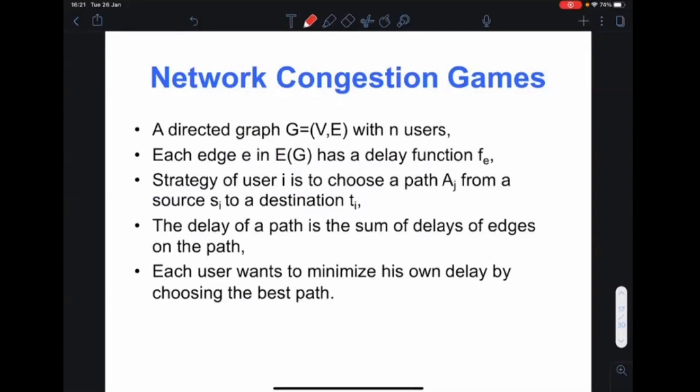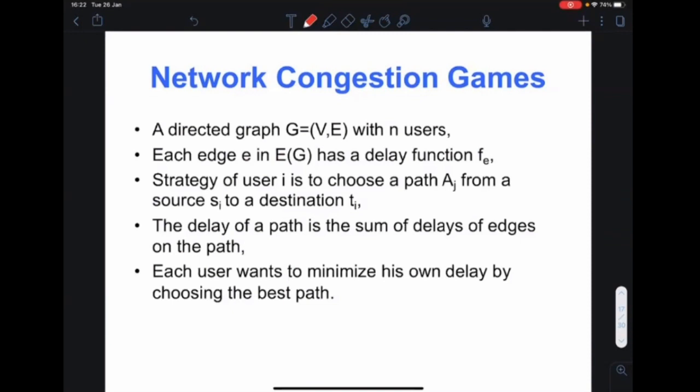What this means is that when you have a path from source to destination, you sum up all the time you spend on each edge, in other words each road, and that becomes the total time delay for that path.